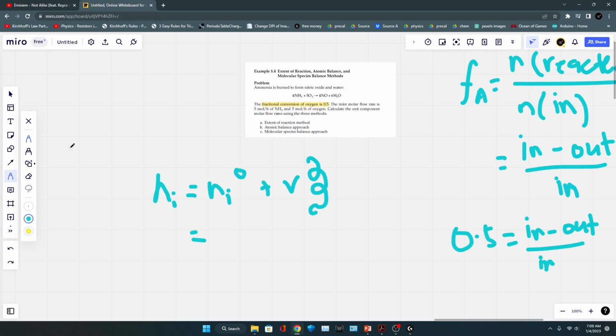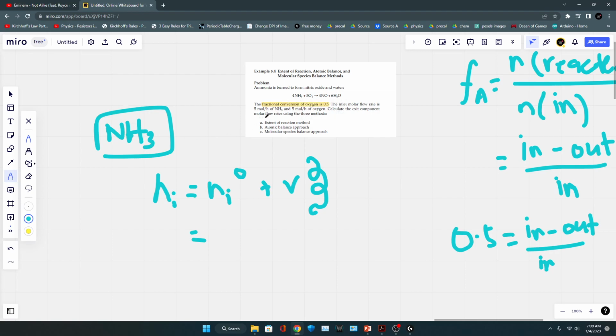We can first calculate in terms of NH3 because there are four types of substance here: NH3, oxygen, nitrogen monoxide, and water. So let's calculate with respect to NH3 first, ammonia. N_i naught, the initial molar flow rate of the inlet stream for ammonia, is 5.